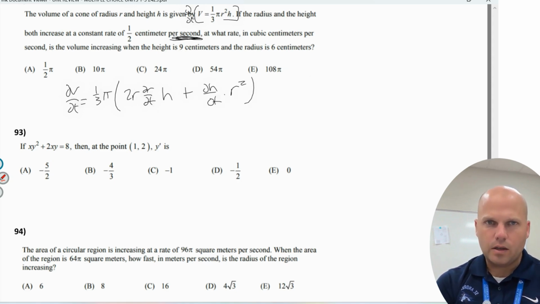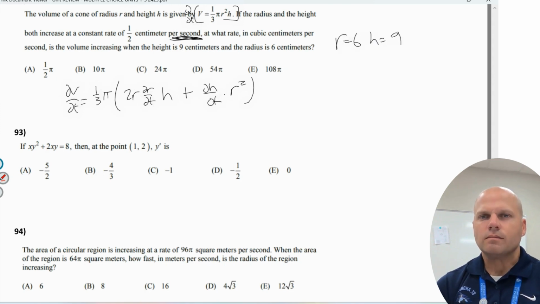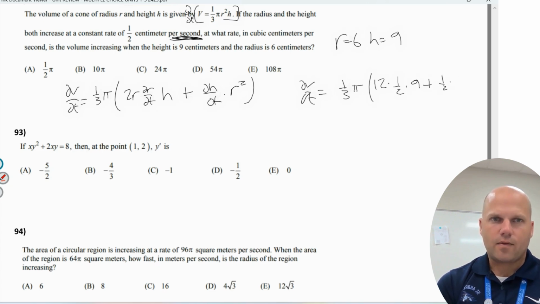Cool. And now we're plugging r is 6, h is 9, and then the d blank dt's are a half. 1/3 pi. R is 6. dr dt is a half. H is 9. dh dt is a half. R is 6.